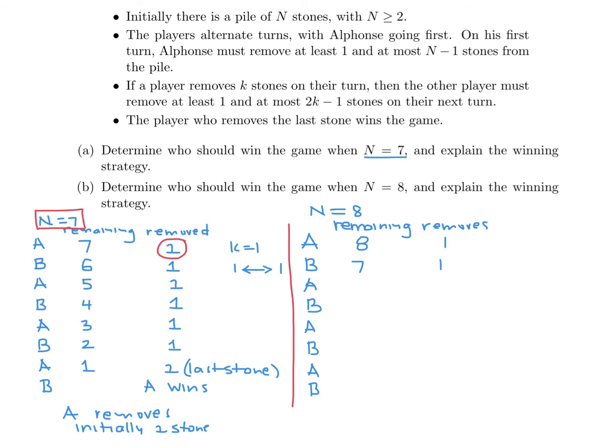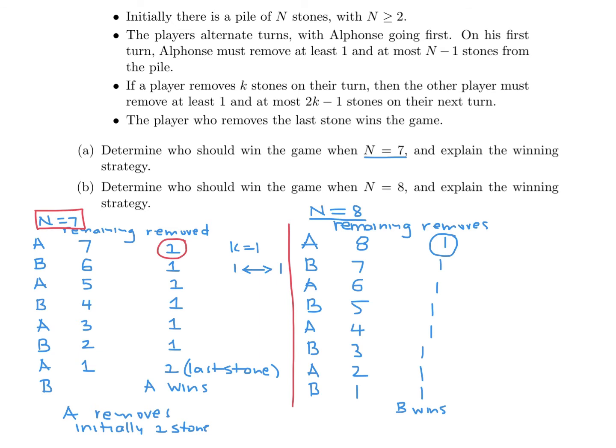Everybody has no choice but to remove 1 because of this rule. So it becomes 6, then 1, 5, 1, then 4, 1, then 3, 1, then 2, 1, and then 1. This is the last stone, and Beryl removes it, and therefore Beryl wins. So Beryl wins when n equals 8 and A removes 1 initially.